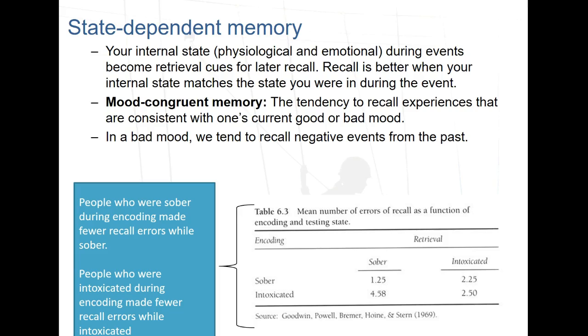But our internal environment can also serve as retrieval cues. Your physiological or emotional state as you're learning something can get encoded with that information as well. This is why sometimes people will say that chewing mint gum is helpful for taking tests.